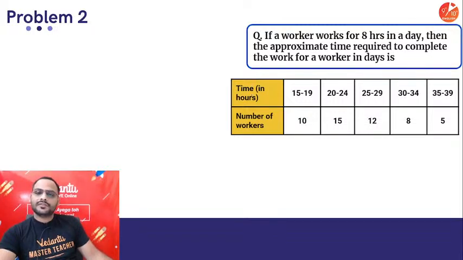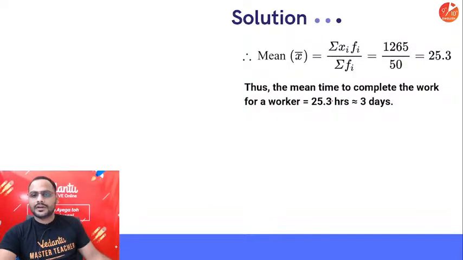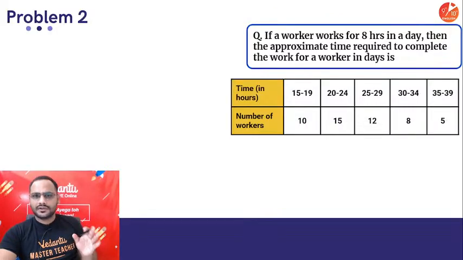So from this table guys, you can see this is the time taken in hours, that this many workers are taking this much time. So from here I can say if I find out the mean, 1265 by 50, this is the mean amount of time taken by all the workers to complete the job.